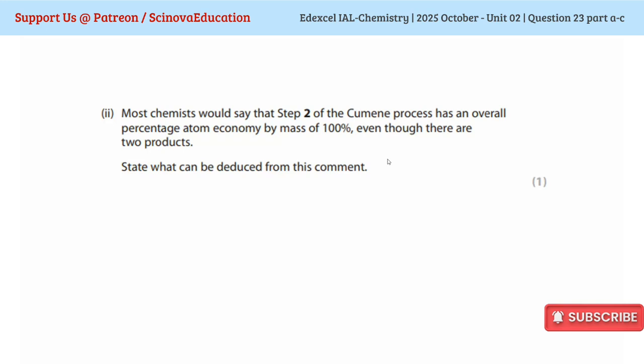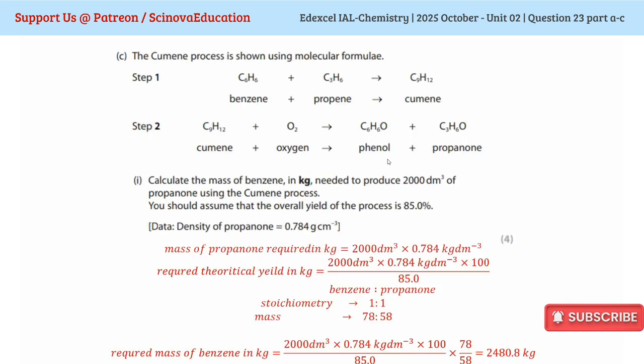Carefully look at the question: they are not specifying what the desired product is. When it comes to industry, when we are selecting processes, we are looking at the byproducts also. If you consider propanone as the main product, the byproduct is phenol, which also has a lot of applications in industry.